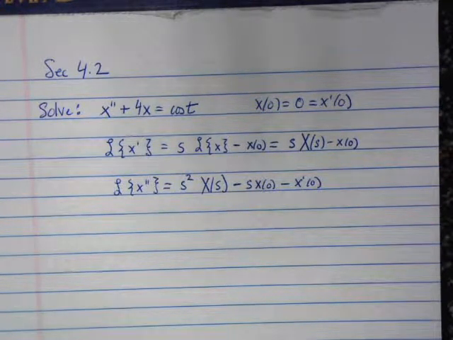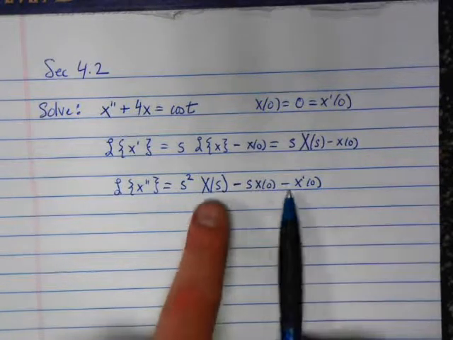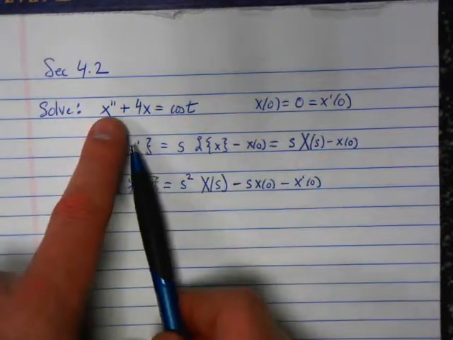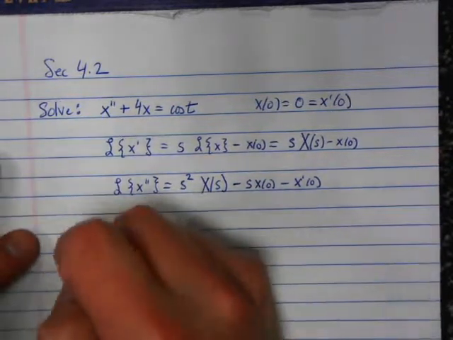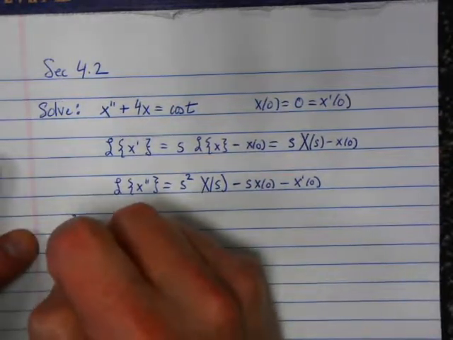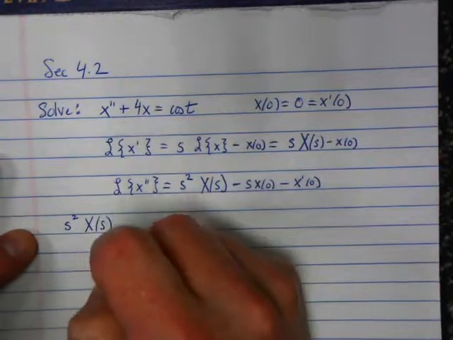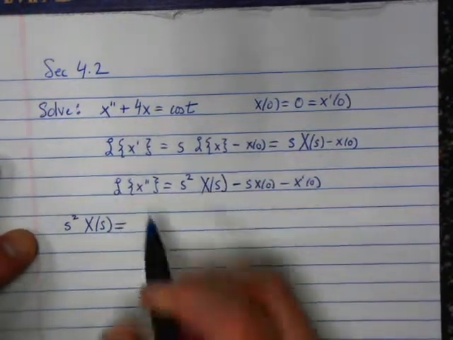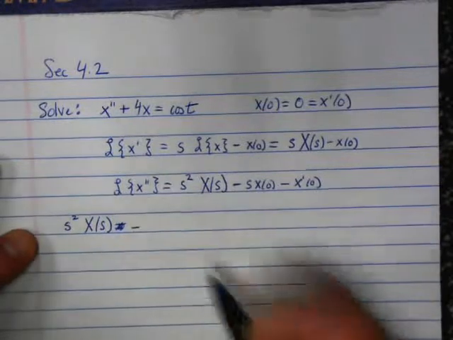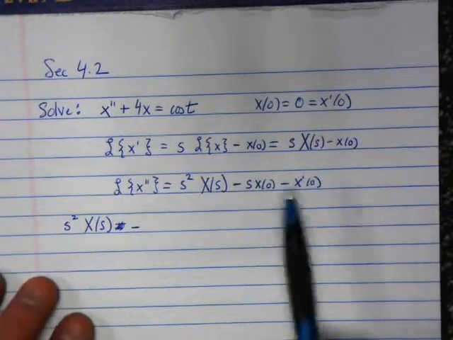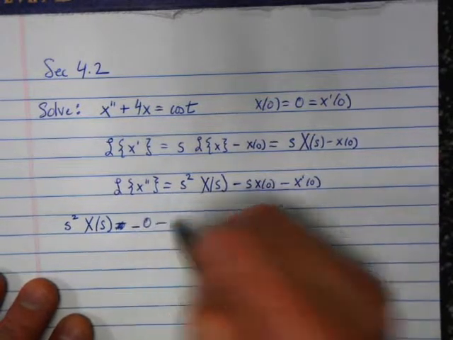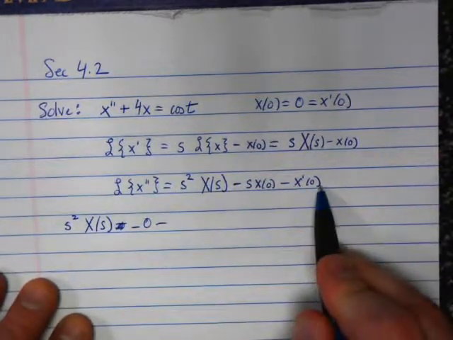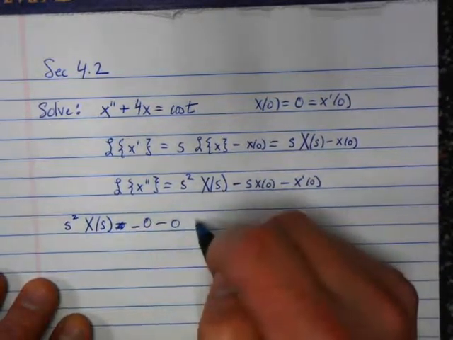Okay, so we're going to make those substitutions. For x double prime, I'm going to substitute this. So this equation becomes s squared X of s minus, but this is kind of nice, what's s times x of 0? 0. Minus x prime at 0, 0, those go away.